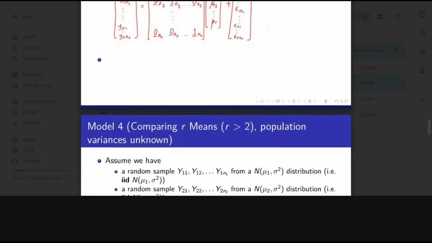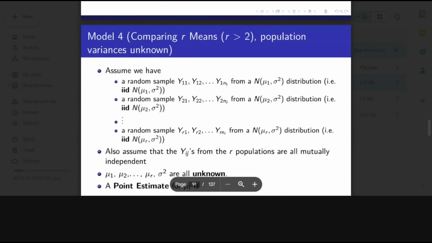So what's model 4? Model 4 is comparing R means where your R is more than 2. So we assume that we have a random sample from one normal distribution with another sample from another normal. Notice the sigma square are already assumed to be the same across all the groups.